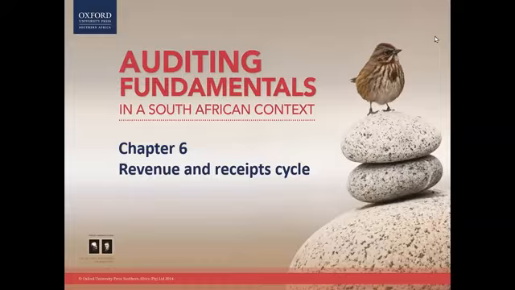As we move to a computerized environment, issues of access controls into the physical computer, and access controls into the programs become an issue, and they form part of your internal controls around this cycle, and just getting to the computer and straight into the cycle or the system itself.